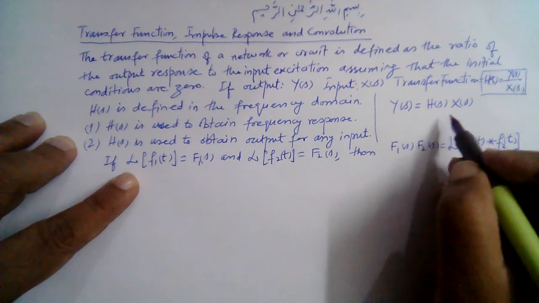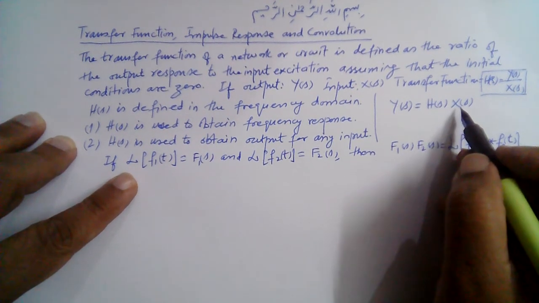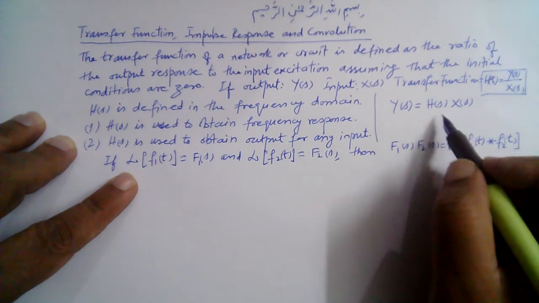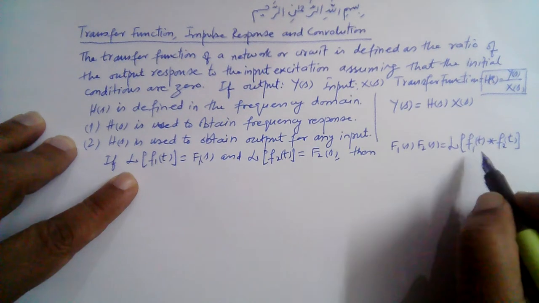So we are multiplying two functions here, h of s and x of s. So they are multiplied in the frequency domain, so it means that they are convolved in the time domain.